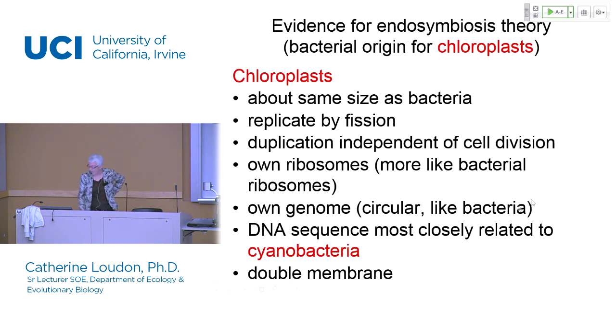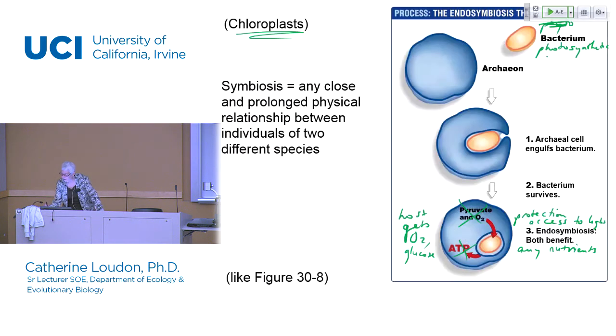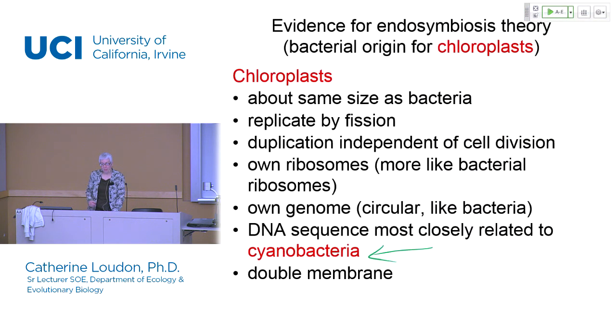And the DNA sequence is now most closely related to familiar cyanobacteria, right? The first bacteria that had oxygenic photosynthesis. So it is thought that if we go back to this picture, specifically, this would be considered to be a cyanobacterium of some sort. Okay.